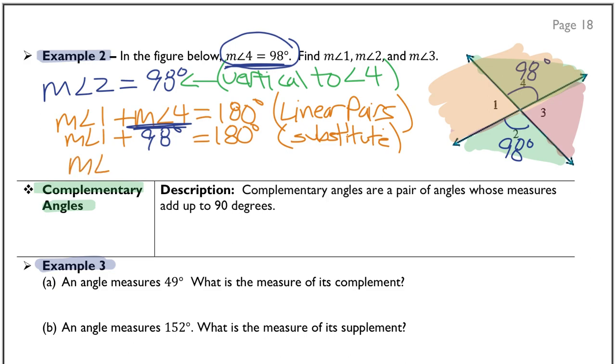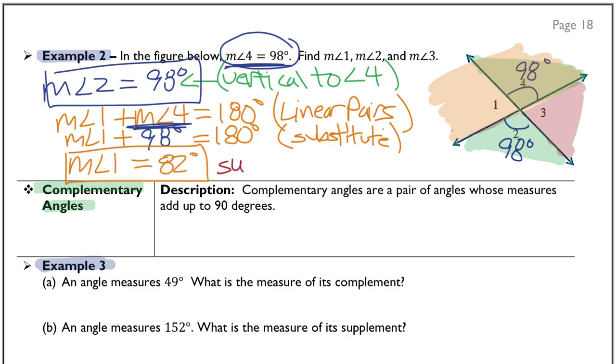So the measure of angle 1 is in fact equal to subtracting this 98 because it's adding, the opposite of adding, we subtract 98 to both sides, gives us measure of angle 1, which is equal to 82 degrees. So we have the measure of angle 1, we have the measure of angle 2, and we can put as a justification here, so just subtract 98 degrees to both sides as a kind of a justification.